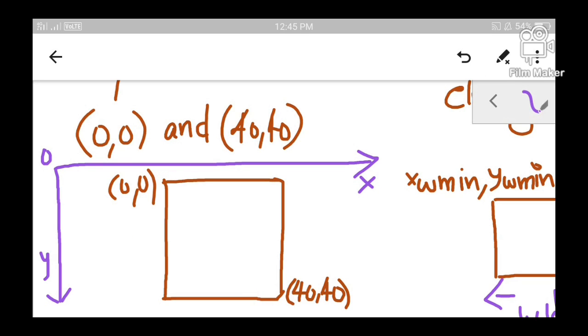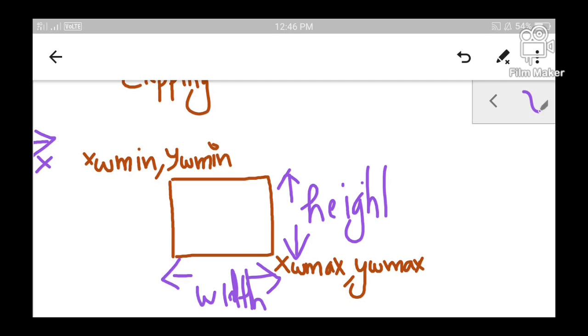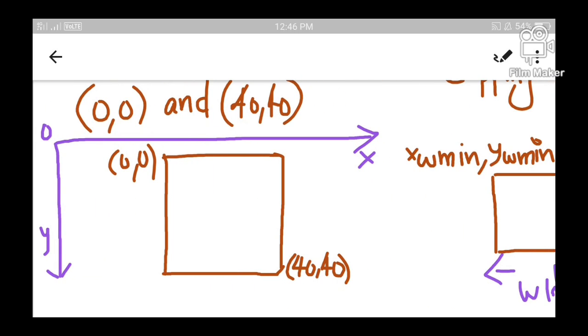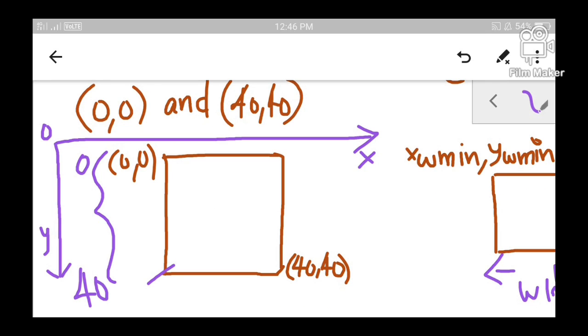What about this point? At this point, x is minimum. And what about y? At this point, y is maximum, because y ranges from 0 to 40 and x also ranges from 0 to 40.